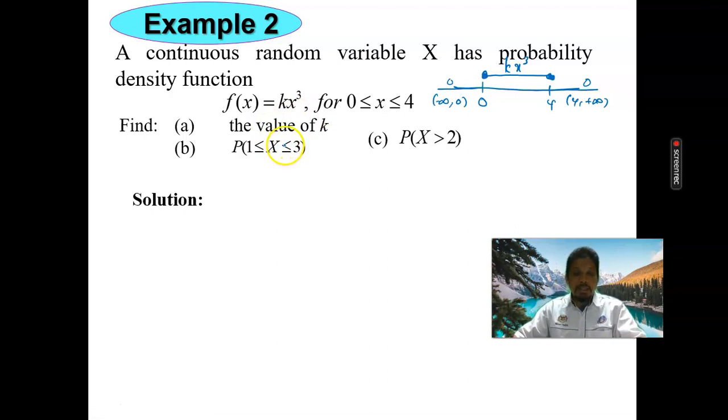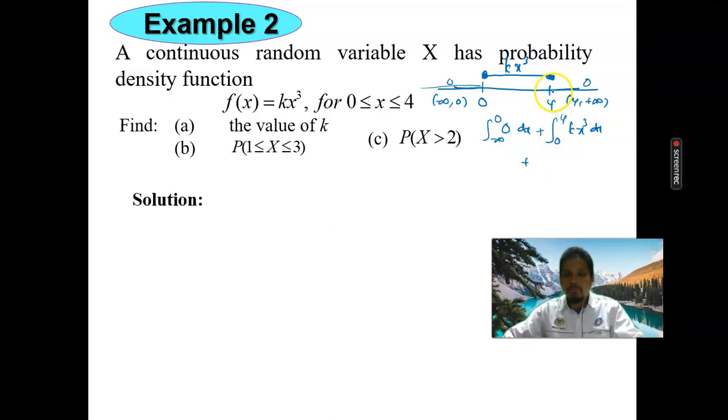To find the value of k, actually, if we write this one by one from one domain to another domain, from negative infinity to 0, fx, which is 0 dx, plus from 0 until 4, kx cubed dx, plus from 4 to positive infinity, the function is 0 dx.